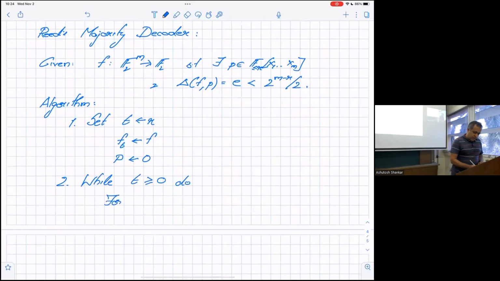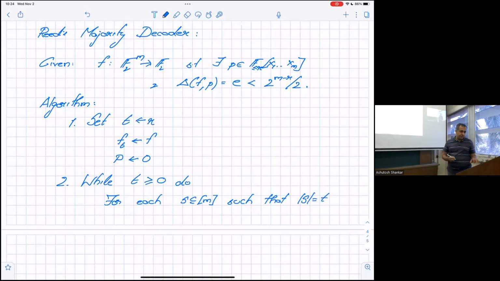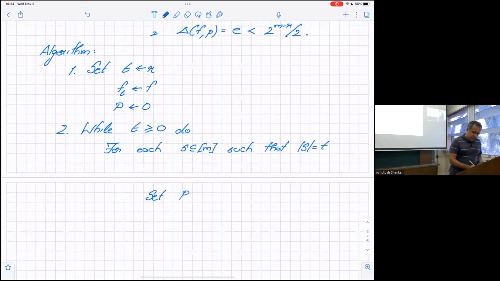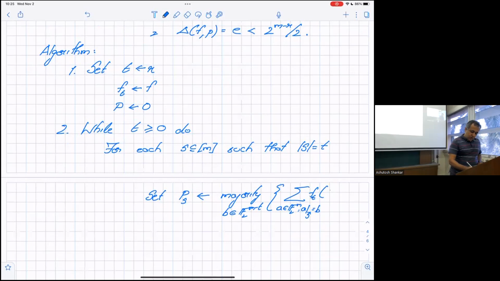For each S in M such that the size of S is T, we set PS to be the majority over all B's in F2 to the M minus T of the summation over all A's in F2 to the M such that A's complement is B of FT, in which S is getting replaced by A and S complement is getting replaced by B.